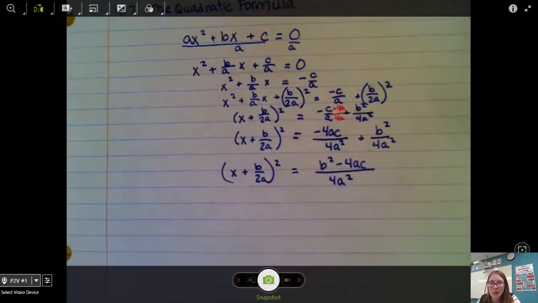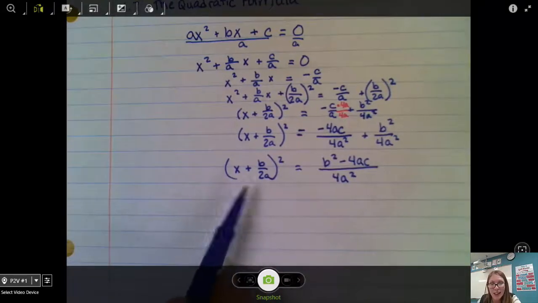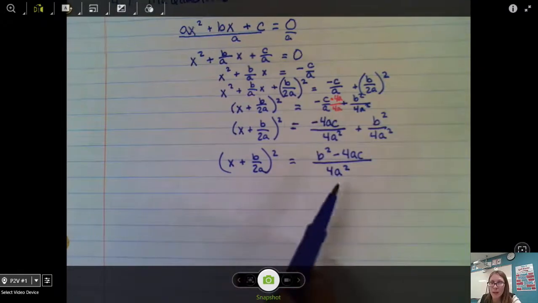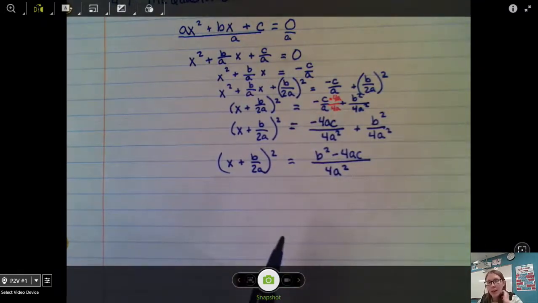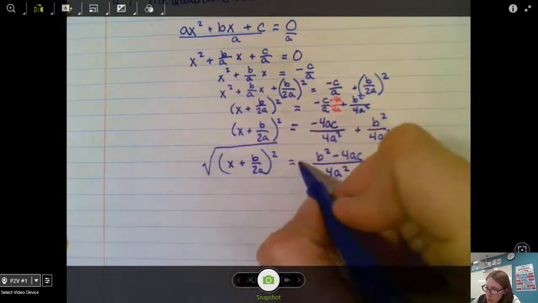Okay, so back to our equation. Back to my left side. Right now, I have x plus b over 2a all squared equals b squared minus 4ac all over 4a squared. And keep in mind, our ultimate goal is to get x by itself. So my next step here would be to square root both sides.